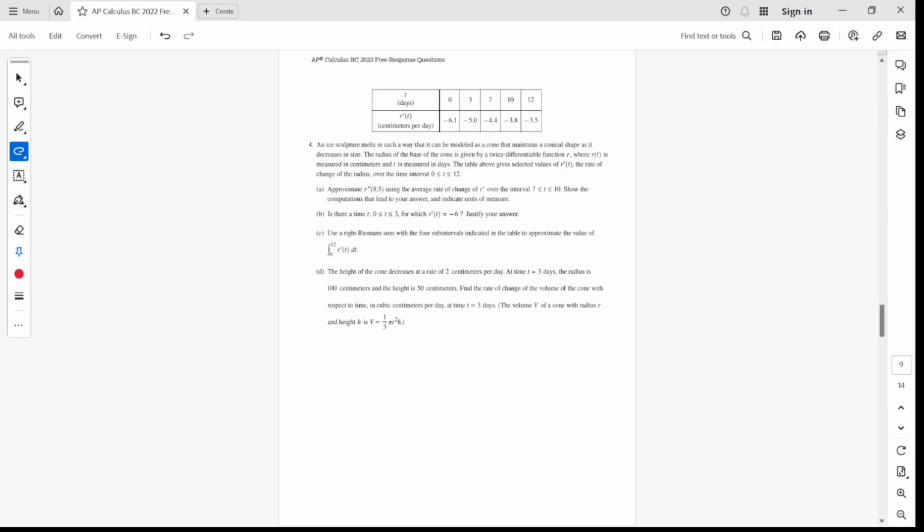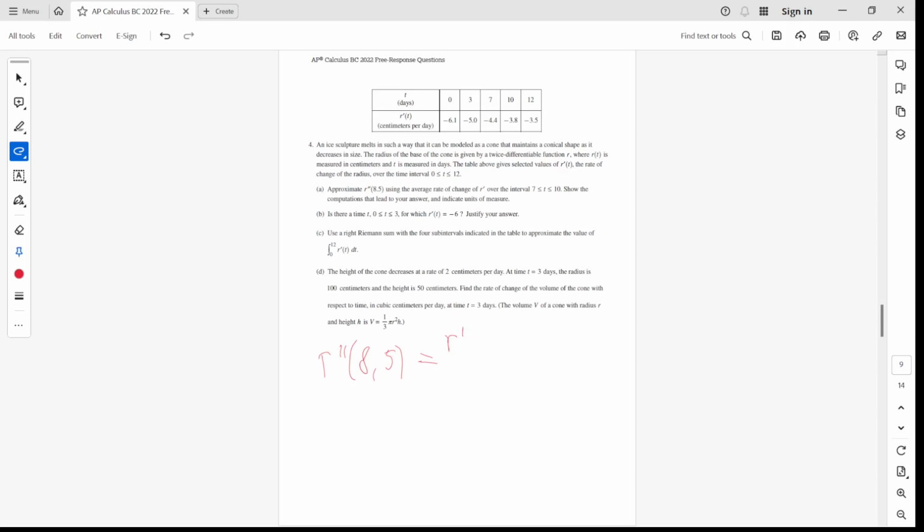So part A asks us about approximation of the double derivative, and we are given the derivatives of this function, right? So what we need is to differentiate the derivatives, and they told us to use average rate of change.